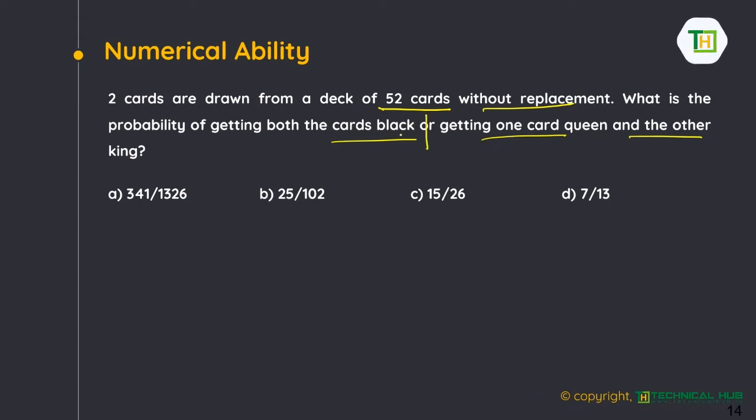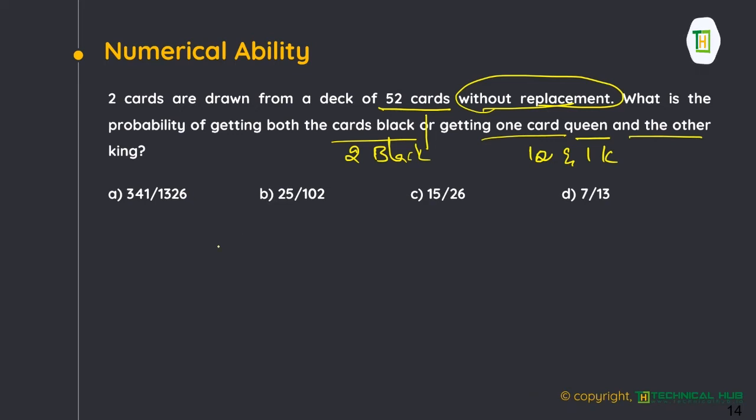One is both the cards are black. The other is one card is queen and the second one is king. Those are the conditions.